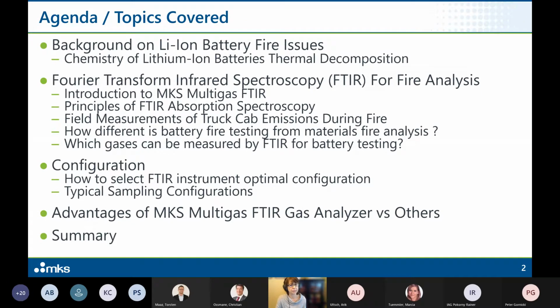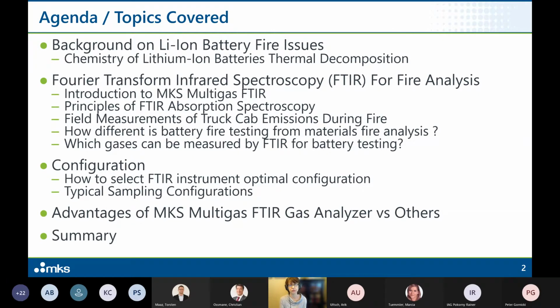And so we've applied FTIR, our MultiGas, which most of you hopefully know. The MultiGas is used a lot for engine emissions, car emissions, but it also has a very broad applicability for many other applications. One of them is fire analysis.